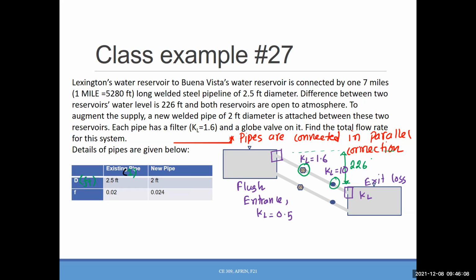Okay, so here the discharge pipe, are you seeing there that from a small pipe it's opening to a big reservoir, and the KL is actually 1. So it's called either discharge pipe, or sometimes we say exit loss. Okay.